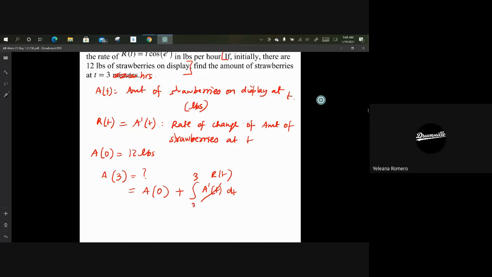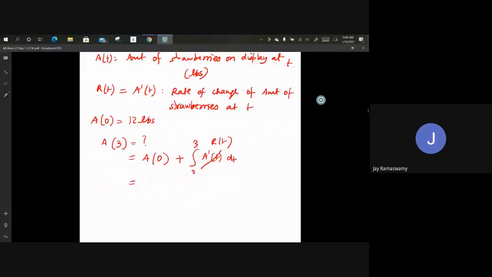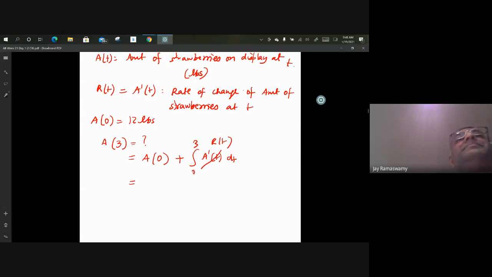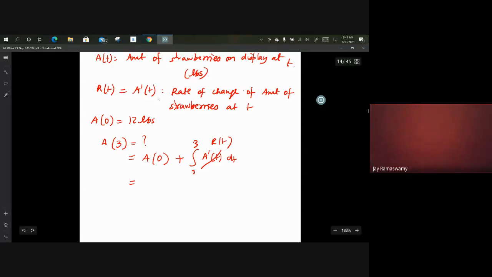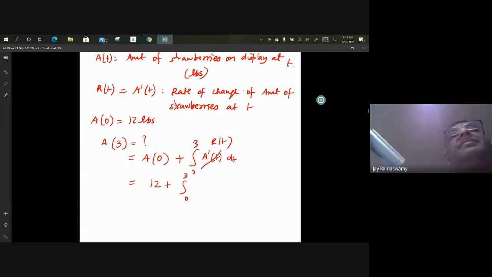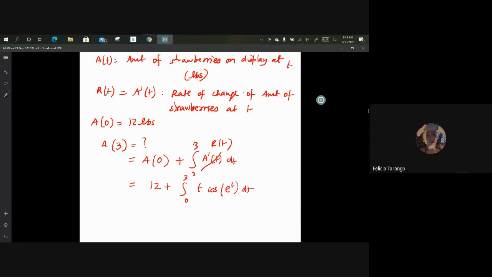Okay, because my other computer I lost. And what's A of 0, given to me? 12. 12 plus the integral from 0 to 3 of R of t, which was t cos e^t dt. And you can plug this into decimals. Everybody okay then? Yes.